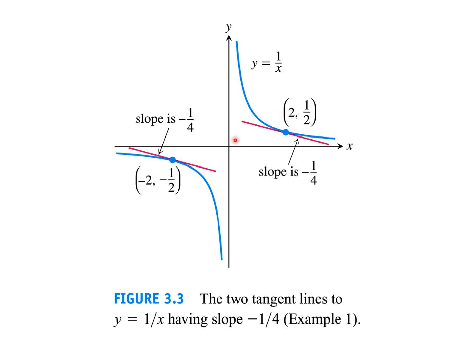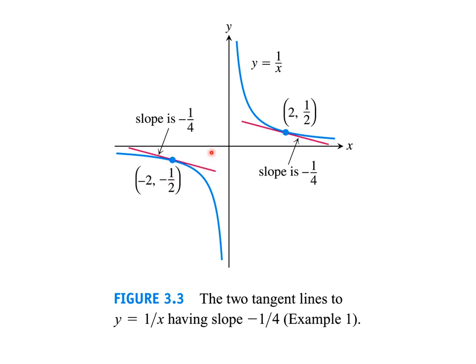Over here this is -2, and for x equals -2, y will be equal to -1/2. And for +2, you put +2 here, y will be equal to 1/2. So these are the x coordinate, y coordinate, x coordinate, y coordinate.